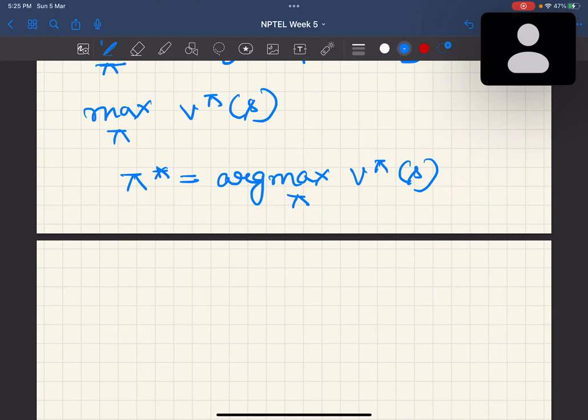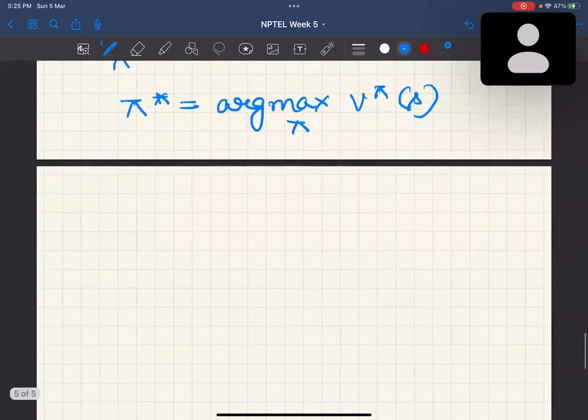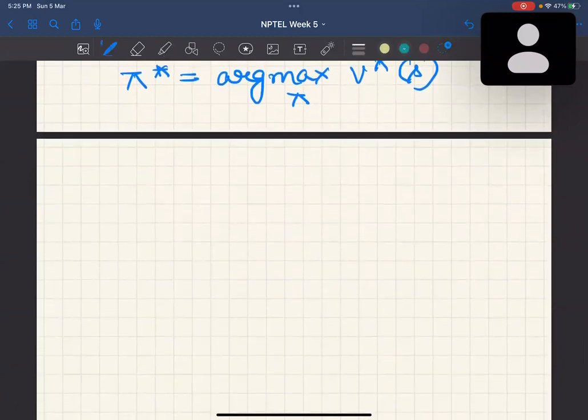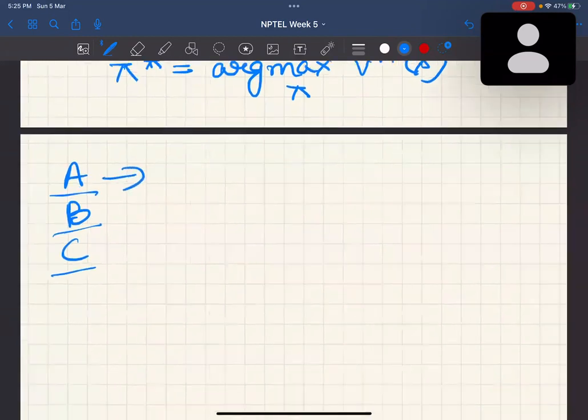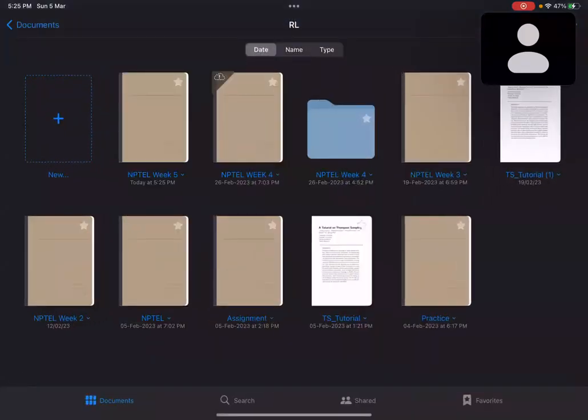Am I correct? Now, there is also a limitation in this. Do you know about that limitation? No. Okay. Suppose I have arm A, arm B, and arm C. And maybe I also have the material. I can show you.